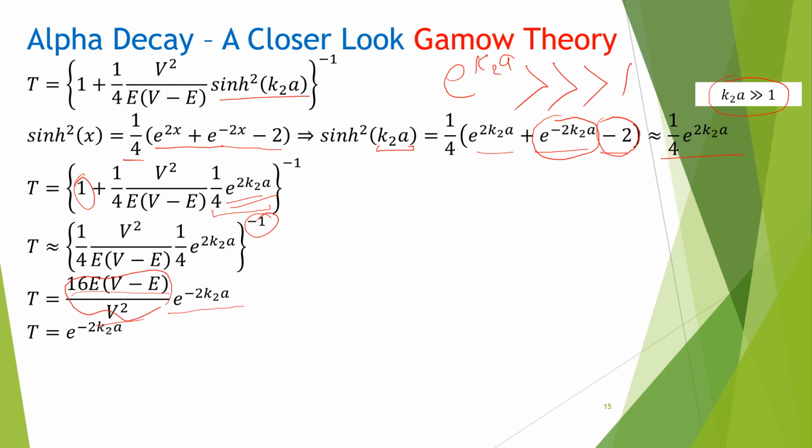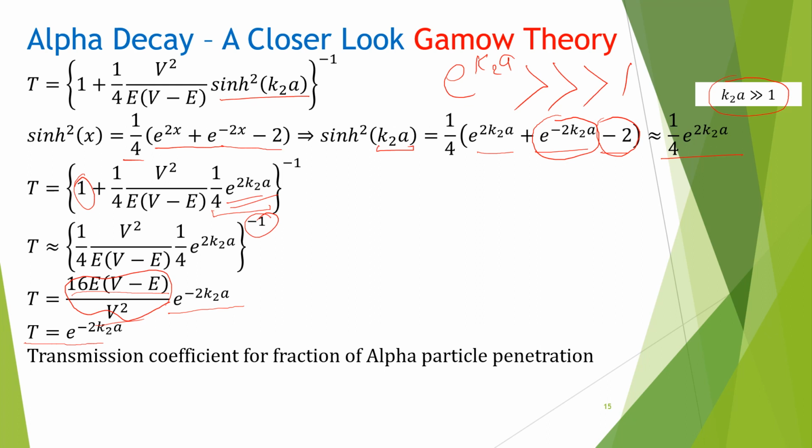I am considering this as unity, that does not matter, and the transmission coefficient is e to the power minus 2K2A. We already know what K2 is, and a is the width of the potential barrier, and the transmission coefficient we have unfolded. So this is the transmission coefficient for the fraction of alpha particles undergoing penetration.